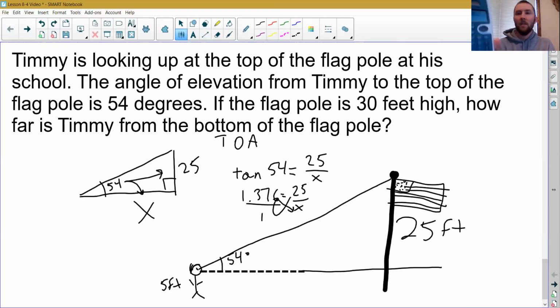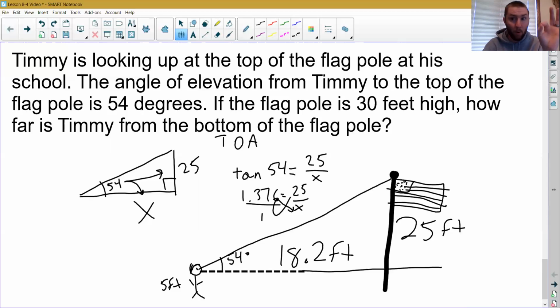And I get 18.1686. So about 18.2. So the horizontal distance from Timmy to the flagpole is 18.2 feet. Okay, 18.2 feet. We found that, again, by reading our problem, drawing a picture, showing the angle of elevation, and solving.